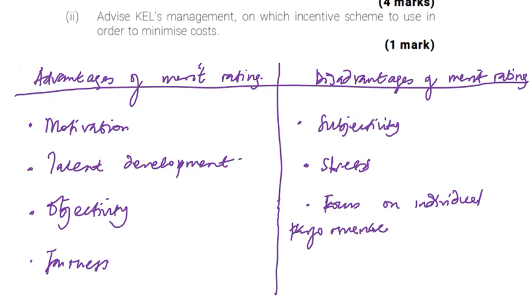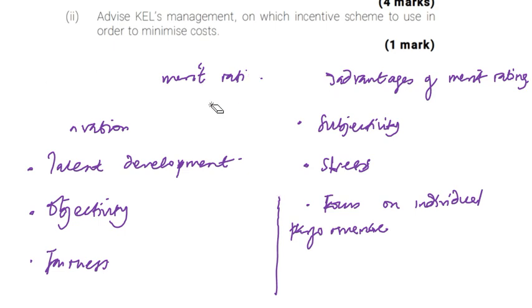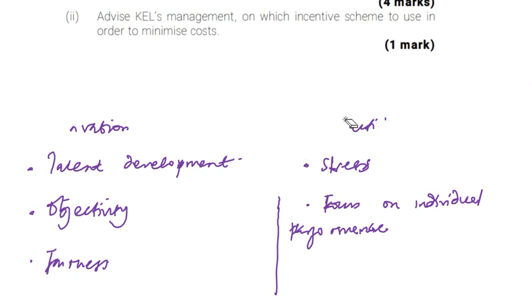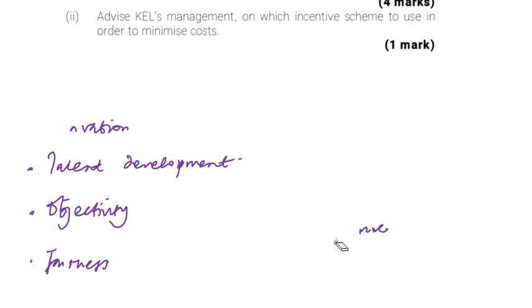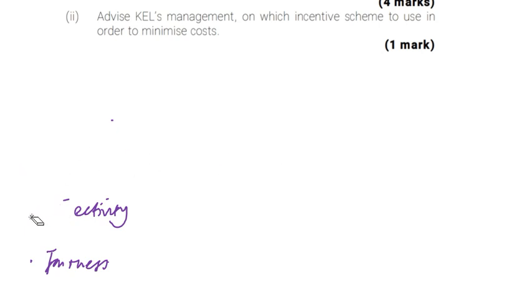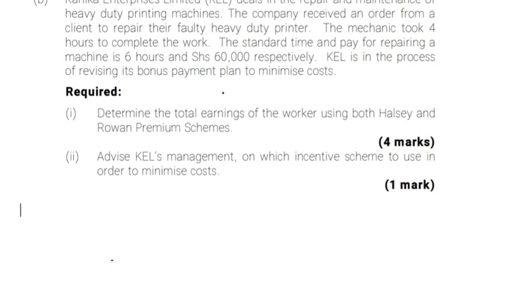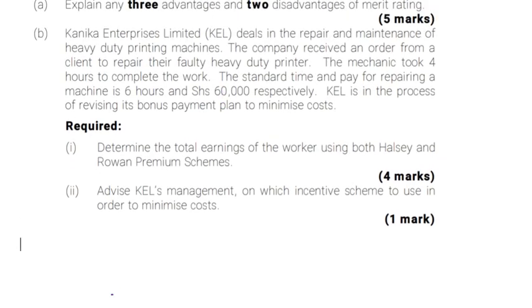Let us look at the second scenario. Then we see what we are required to do in that scenario. Kanika Enterprises Limited deals in the repair and maintenance of heavy-duty printing machines.